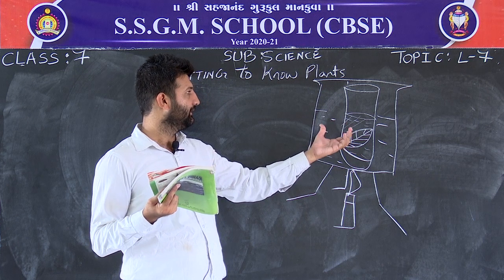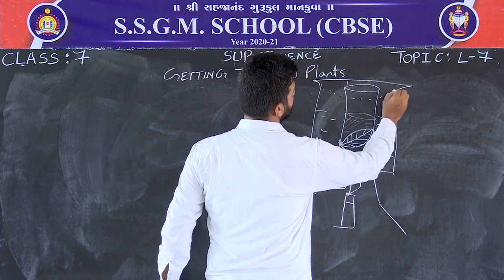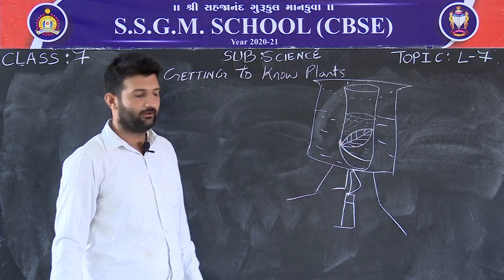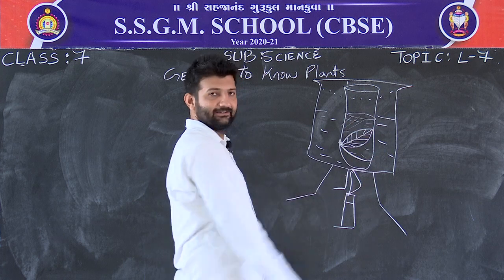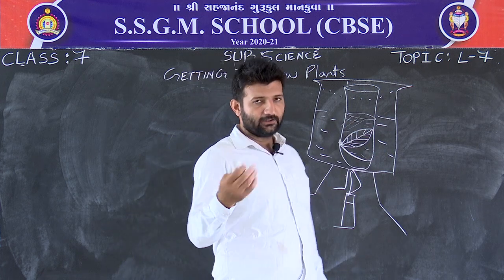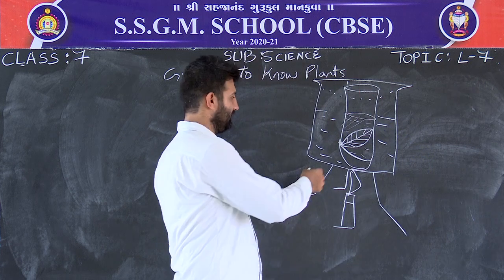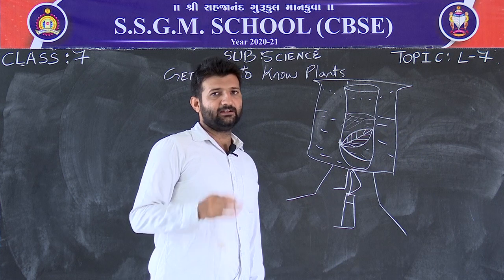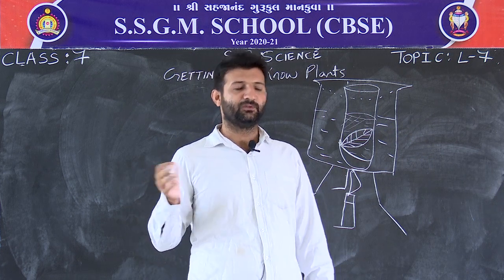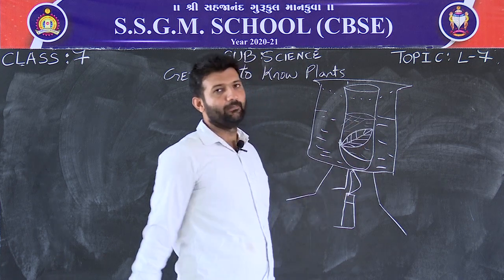and boil the beaker which is half filled with water, and inside the beaker there is one test tube which contains a leaf and which is also filled with spirit. So, after some time of this boiling, till the green color is totally removed from the leaves, we have to boil this water by this burner.